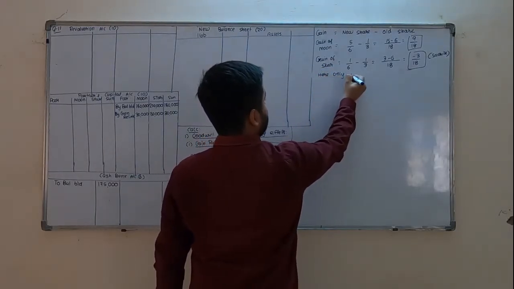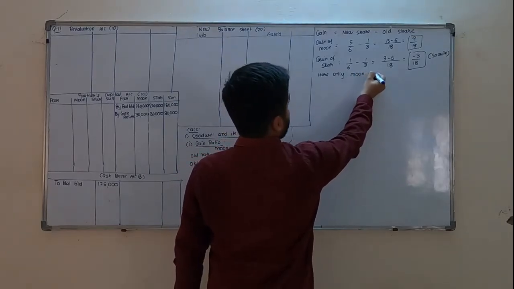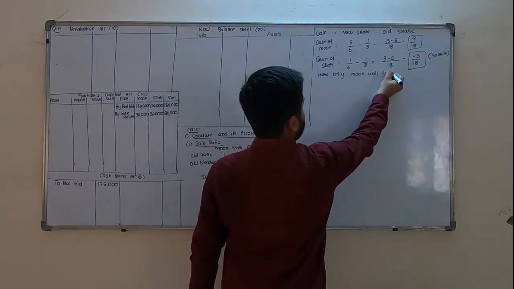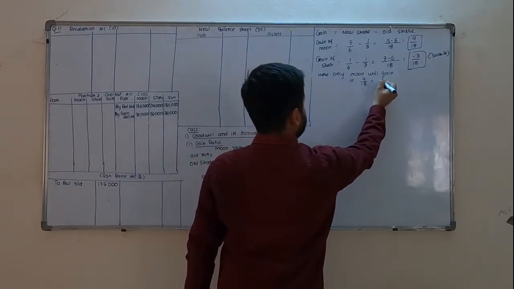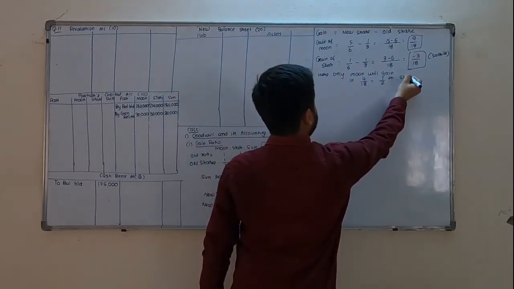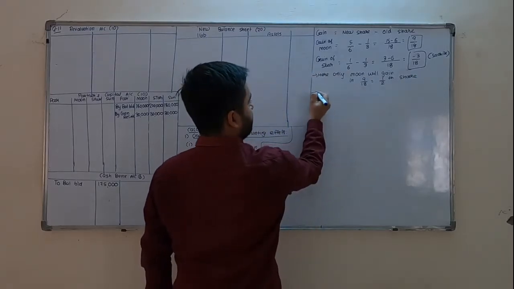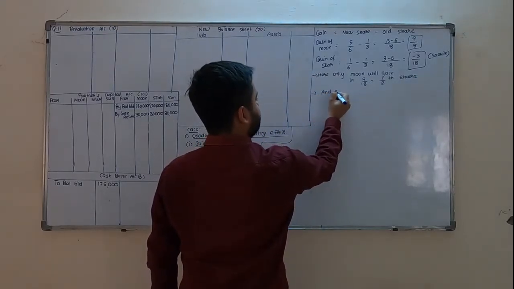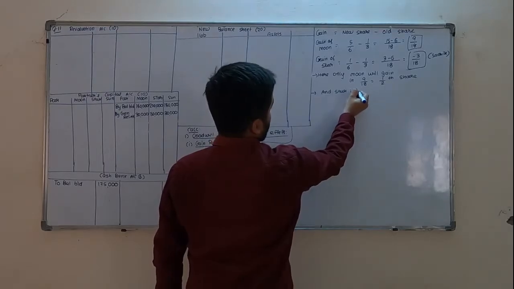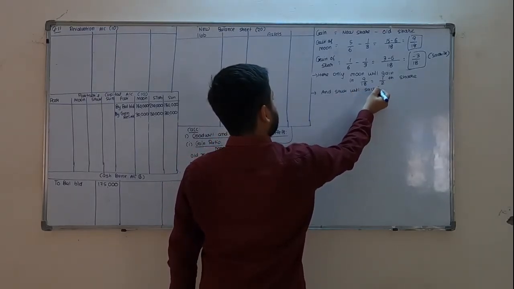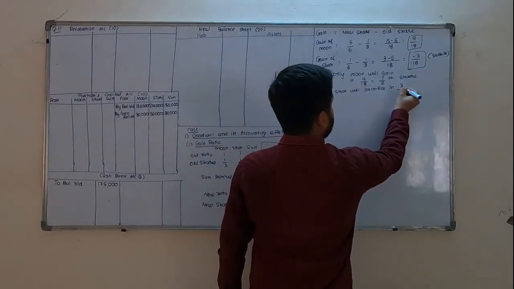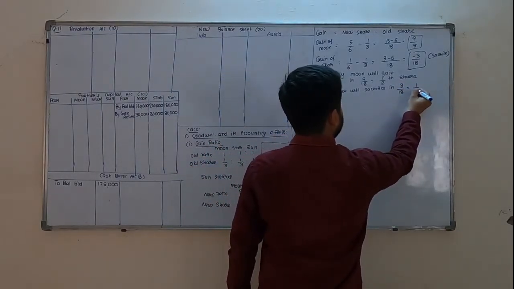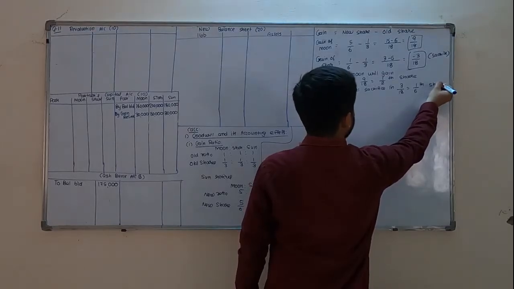Here only Moon will gain in 9/18, which is equal to 1/2 share, and Star will sacrifice in 3/18, which is equal to 1/6 share.